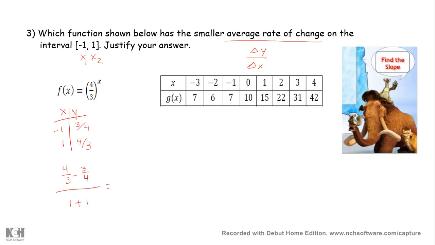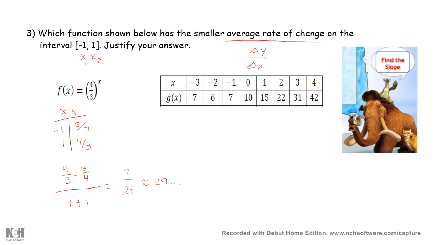So I end up getting 7 over 24, which would come out to be a decimal. If you wanted to go ahead and divide it, it comes out to be something like 0.29 something.